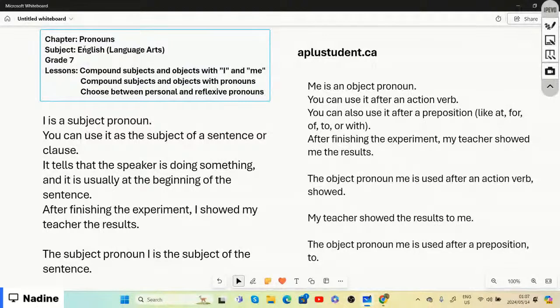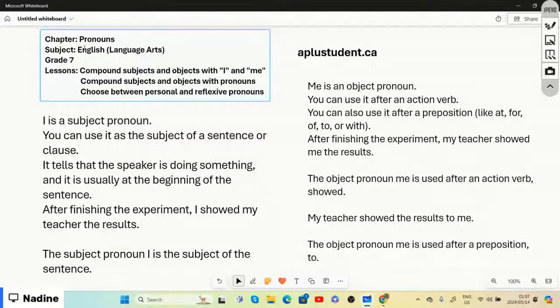All right. So when it comes to pronouns, the pronoun I is a subject pronoun, and you can use it either as the subject of a sentence or of a clause. It tells that the speaker is doing something, and it is usually at the beginning of a sentence.